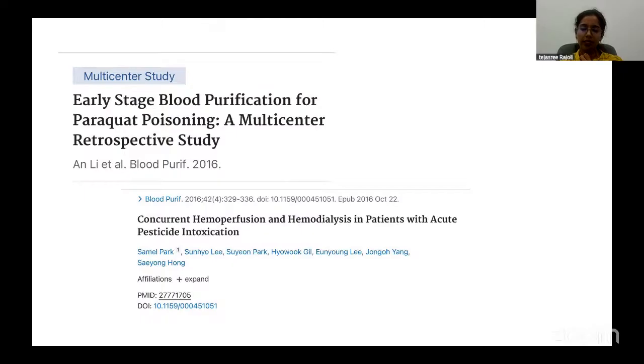So concurrent hemoperfusion and hemodialysis is an effective and safe treatment for patients with acute pesticide poisoning, especially paraquat.